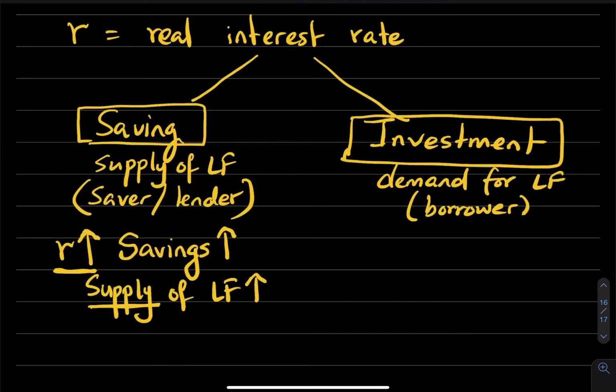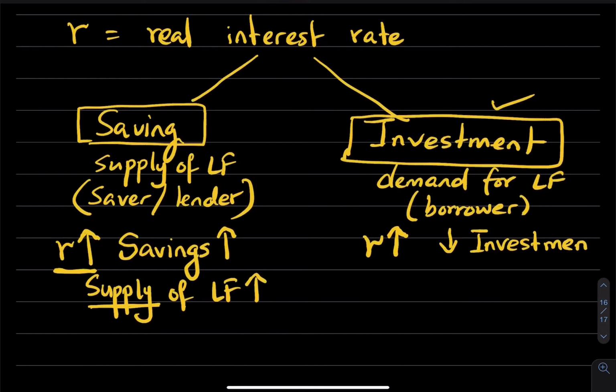Okay, here. When we think about demand, right, and investment, we can think about the real interest rate going up, but now this is the cost to the borrower. So if you're borrowing or taking out a loan, then the real interest rate going up means that now it's more expensive to borrow. And so that would decrease investment.